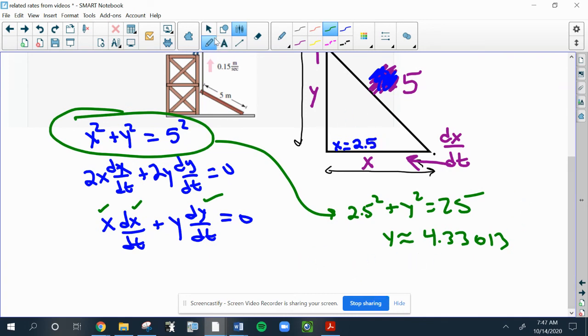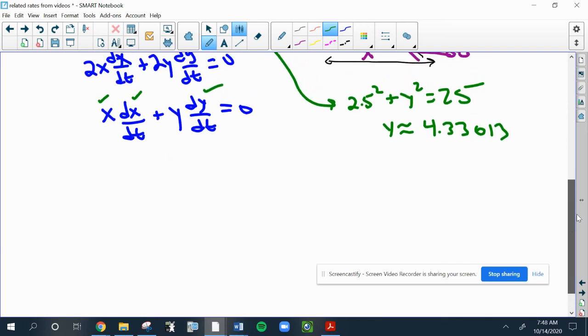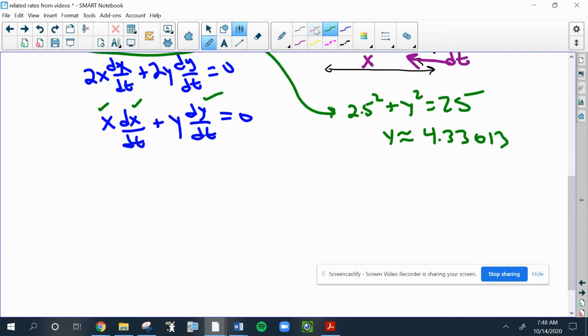So now I can solve. So now it's time to plug everything in. So x we said was 2.5. dx/dt is what we're trying to solve for. Y we calculated to be 4.3301.